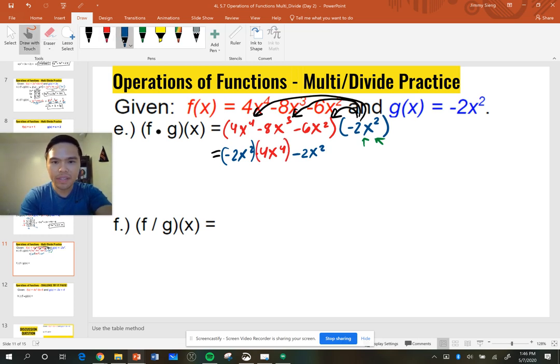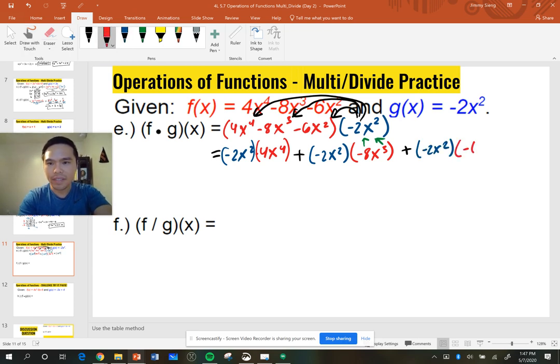It's hard though, isn't it? Let's do this. So I'll say plus negative 2x squared. Basically, I'm just timesing it, but I'm trying to write it in a clean way that you can follow. And I'm taking all those values, timesing them to each other. Times negative 6x squared.